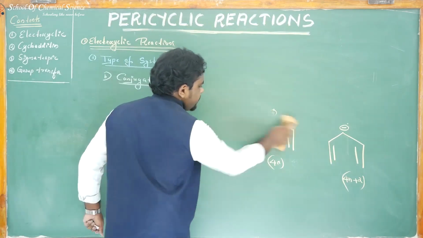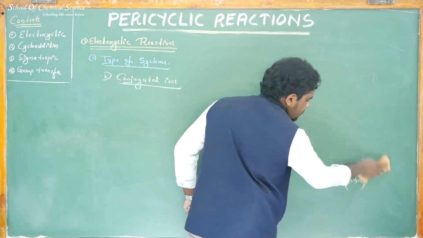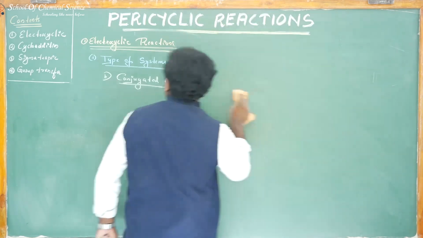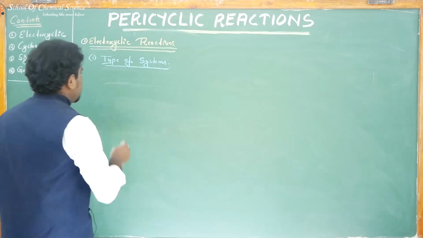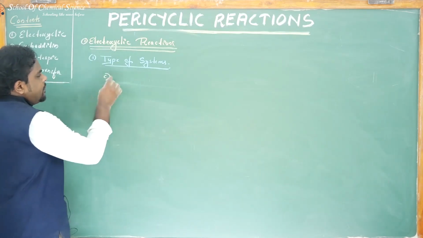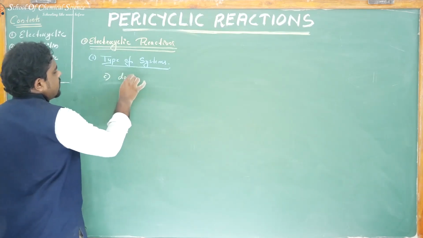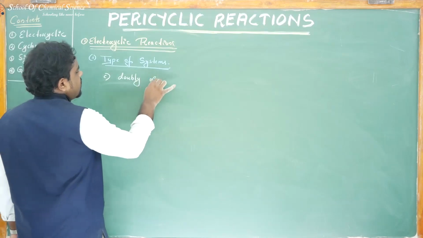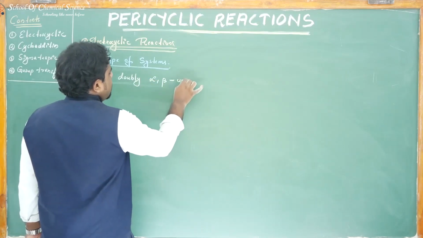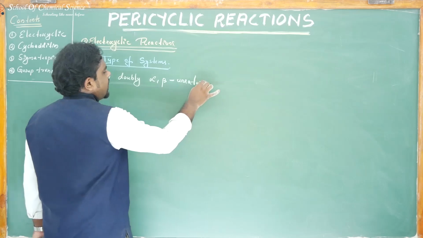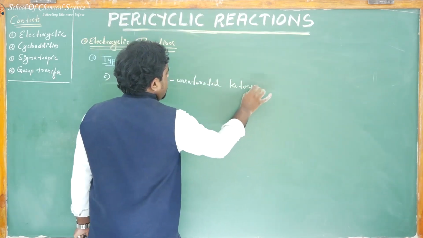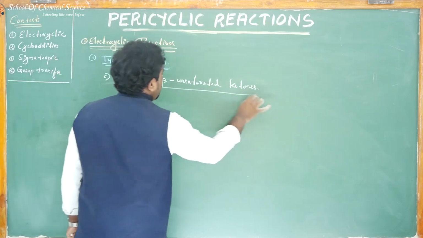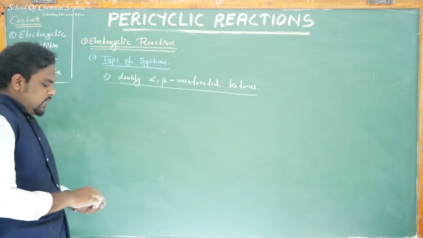Next type, C, third type, doubly alpha beta unsaturated ketones. Doubly alpha beta unsaturated ketones.